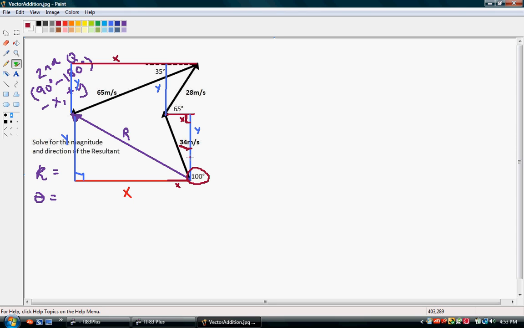Now, I know that the interior angle here is different, but we actually want to use the measurement from 0, from the positive x-axis, which is 100 degrees. Notice that we passed 90 and went just a little bit further. So our x1 will equal our hypotenuse, which is 34 meters per second, cosine our theta.